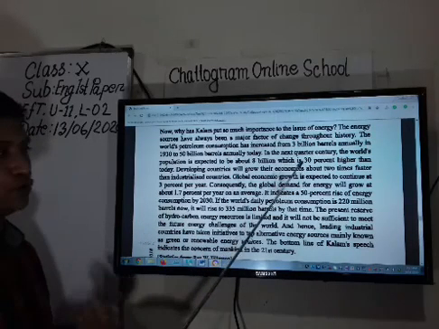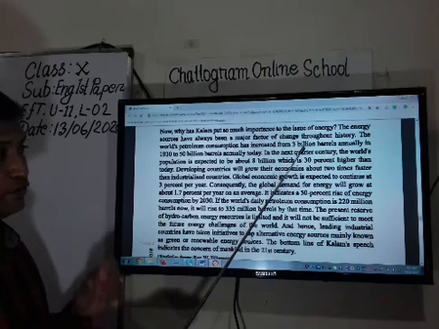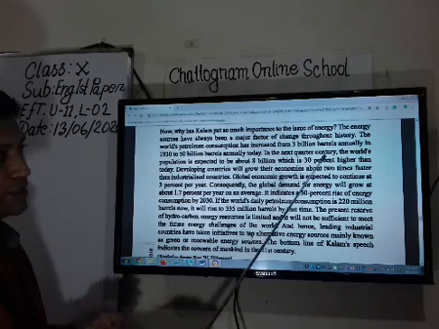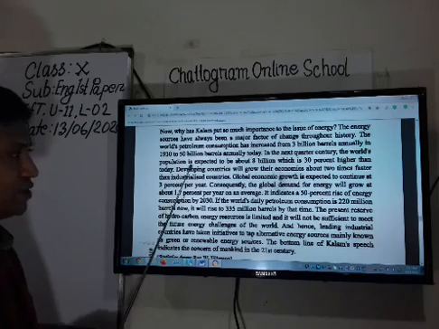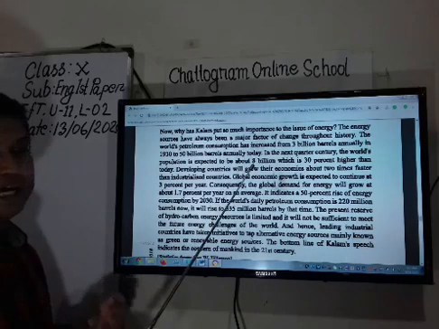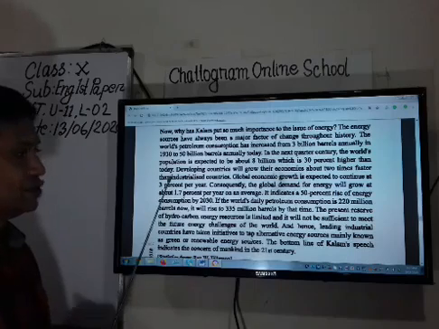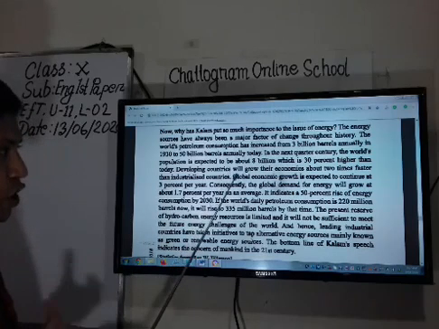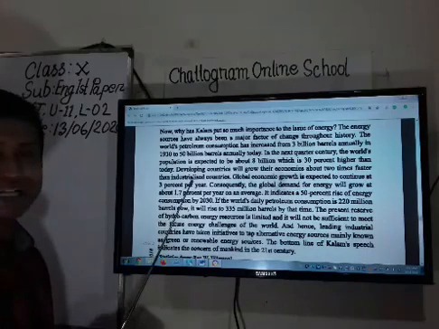In the next quarter century, the world's population is expected to be about 8 billion, which is 30% higher than today. Developing countries will grow their economies about 2 times faster than industrialized countries.